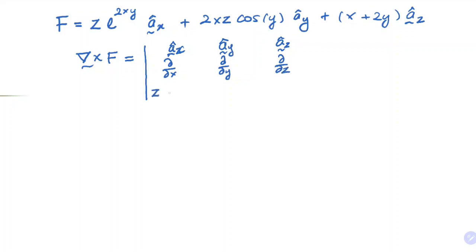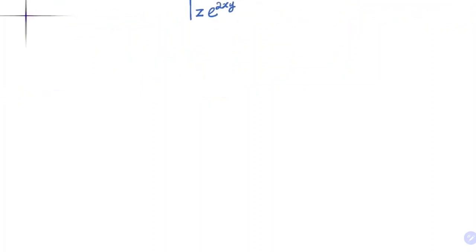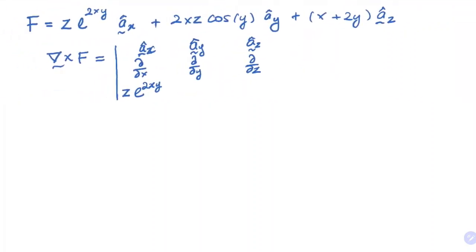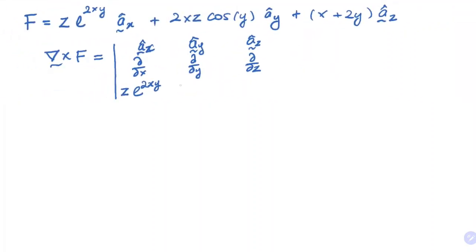First one, z exponential 2xy. Two x z cosine y, and then x plus 2y.